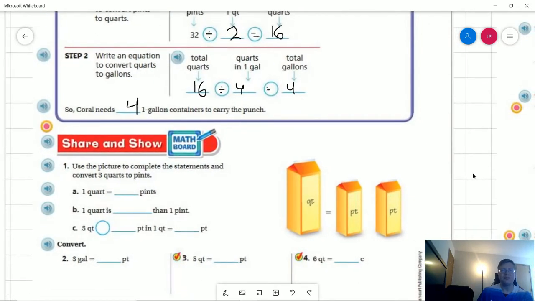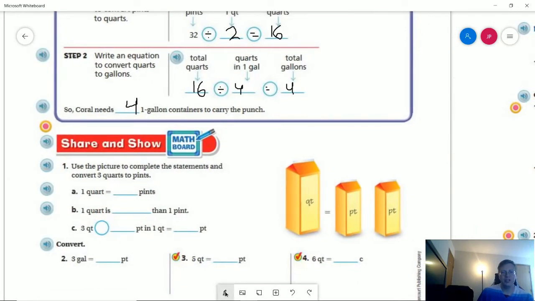So 1 quart, using our chart, is equal to 2 pints. And that means 1 quart is going to be greater than 1 pint, so I'm just going to use the greater than symbol.